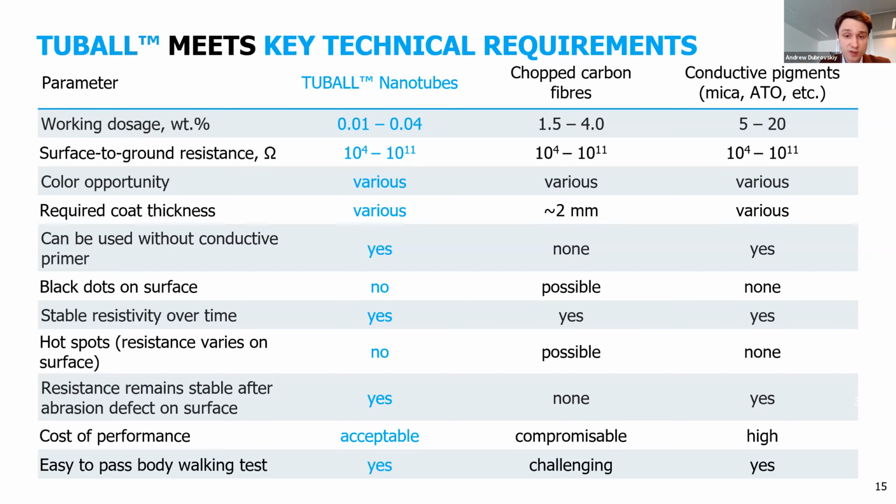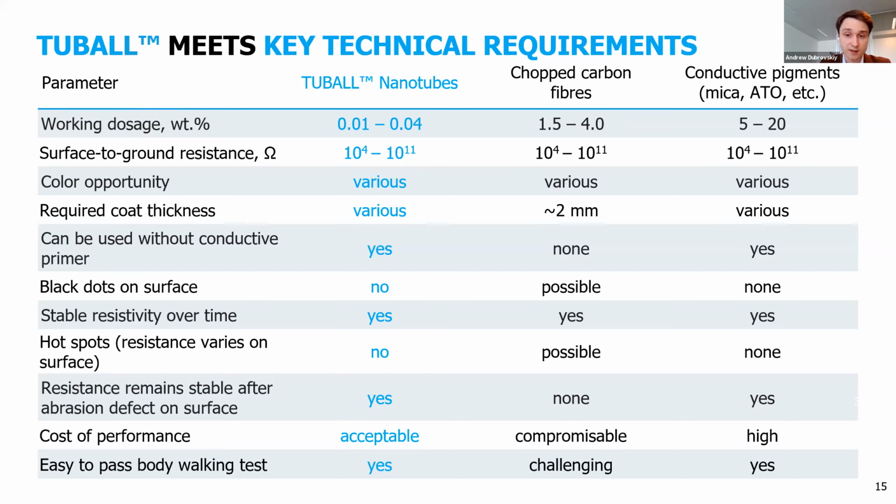And also the usage of chopped carbon fiber can be quite sensitive, and in many cases it can lead to so-called hotspots, which are parts of the flooring systems with an insufficient level of electrical conductivity, and also black dots on the surface, which is not good from an aesthetical point of view.